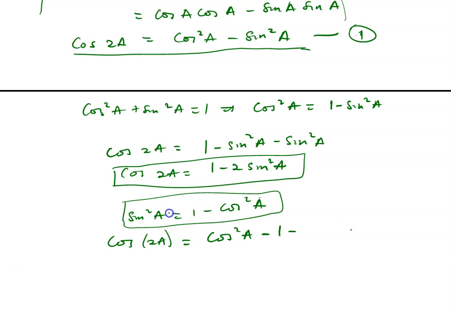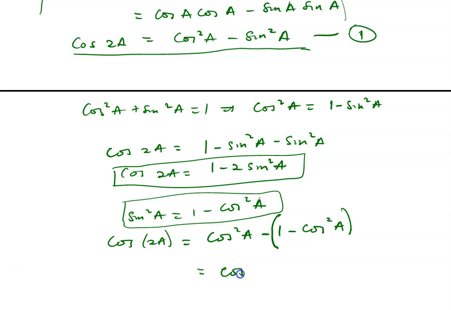So I've made sine squared A the subject, which is 1 minus cos squared A. So if I substitute it into equation 1, I get cos squared A minus, 1 minus cos squared A. Do you get it?